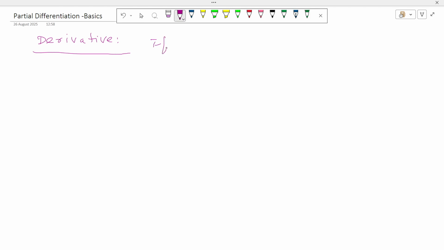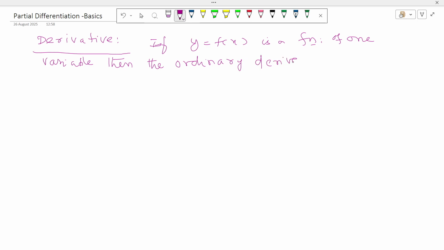If y equal to f of x is a function of one variable, then the ordinary derivative is dy by dx.